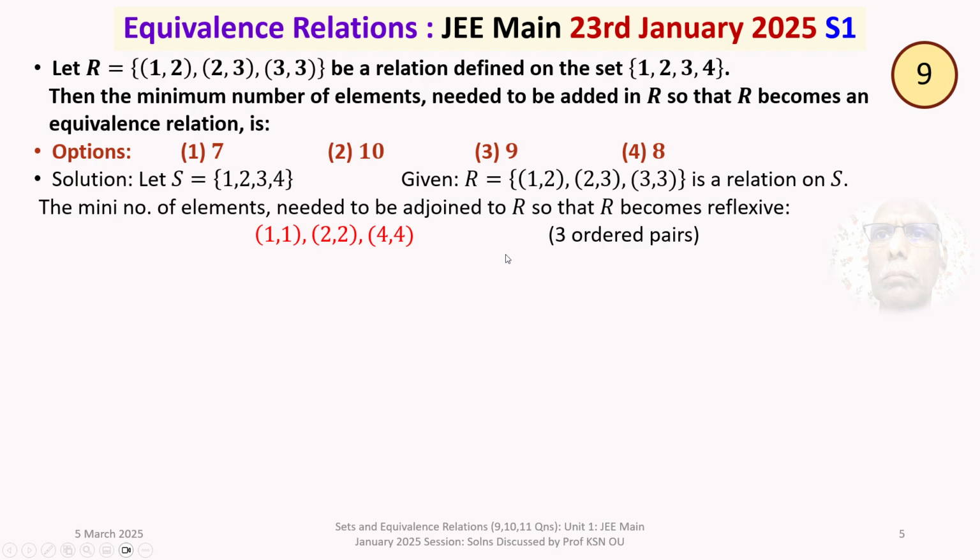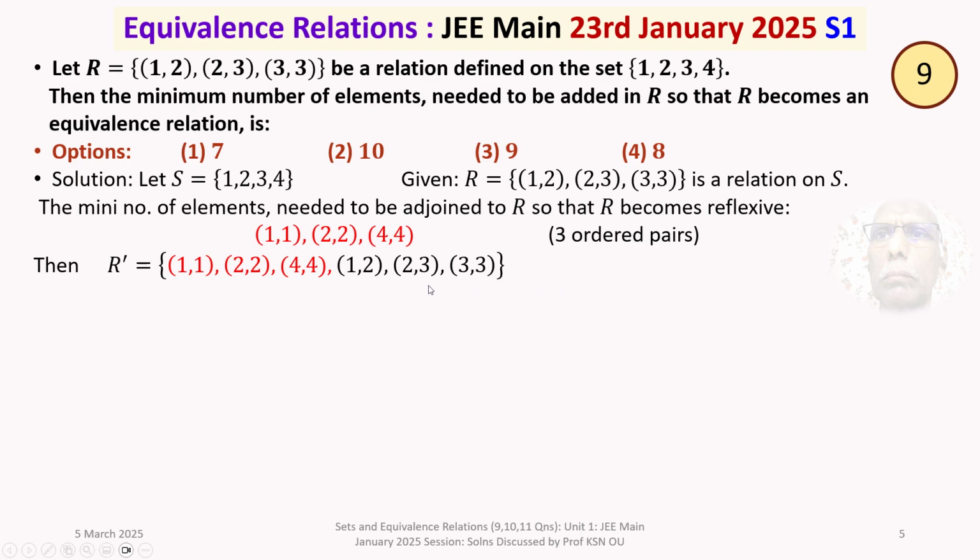Then the resulting R, we call it R prime. Let R prime be, after adjoinment, (1, 1), (2, 2), (4, 4). These are the elements which we have adjoined. And (1, 2), (2, 3), (3, 3) is already there.